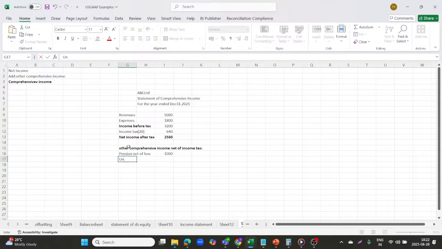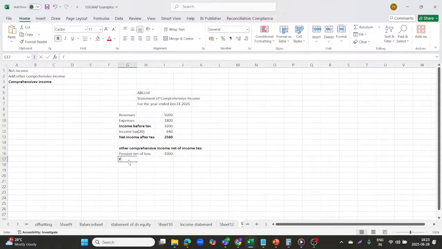Then you can say unrealized holdings, like available for sale securities. So these are not actual losses or gains. That's why we do not book them in the income statement.